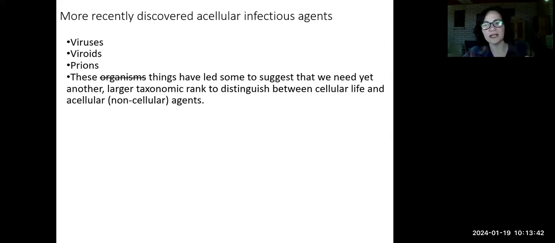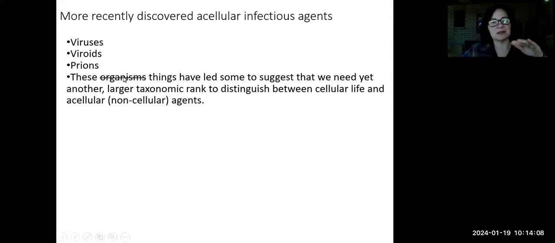I have trouble talking about this because I like to use the word organism for bacteria and fungi, but viruses, viroids, and prions are not really living, which is what we mean by the term organism.